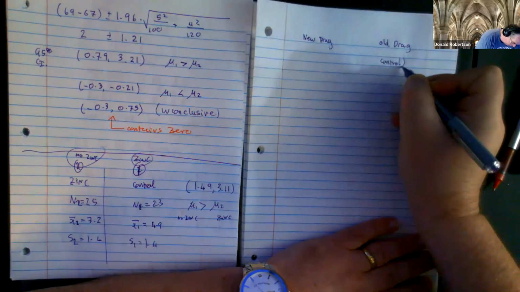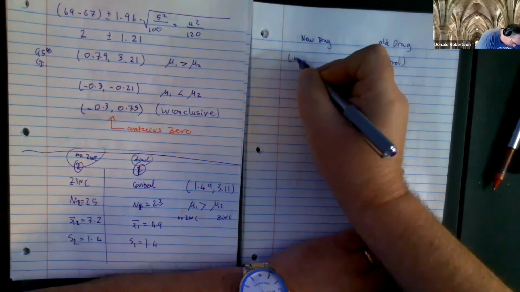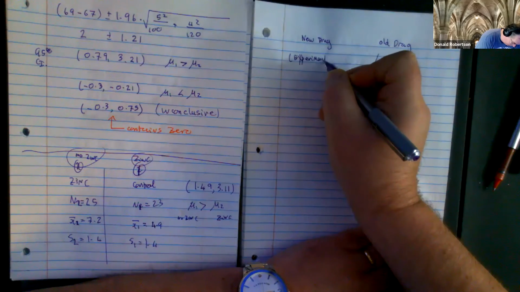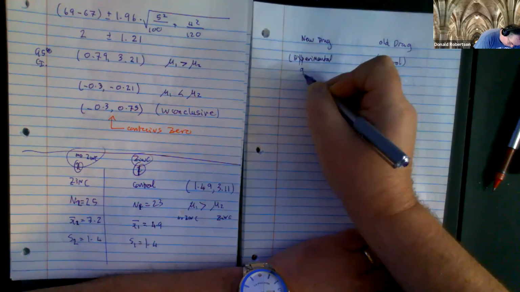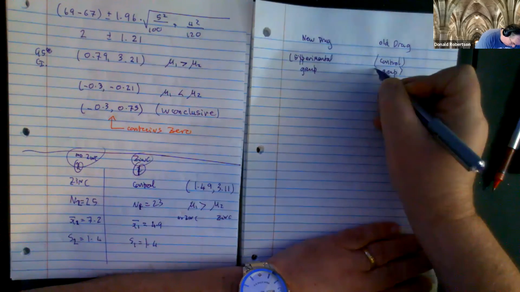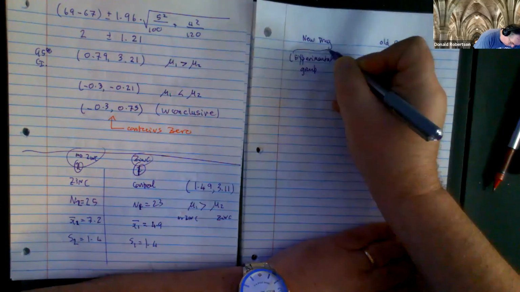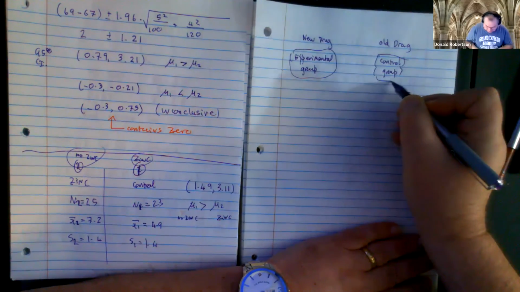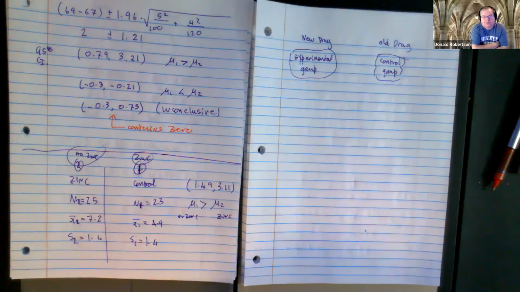This is the experimental group. This is the control group. And as always, these stories tend to be the same. Is there any evidence to prove that the new drug's doing a better job than the old drug, right?